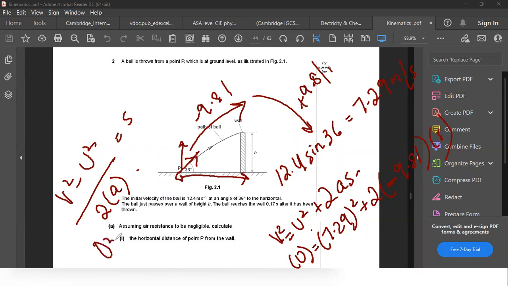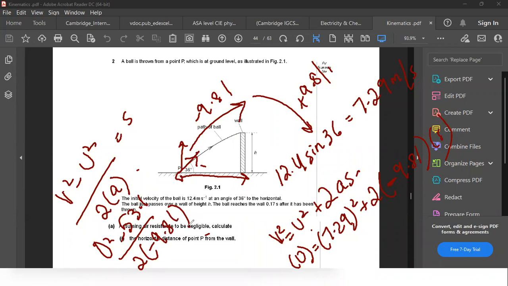Oh, mhm. 0 squared minus, and then you go ahead and do 7.29 squared. You get 53.1, right? Yeah. And this will be minus 9.81.